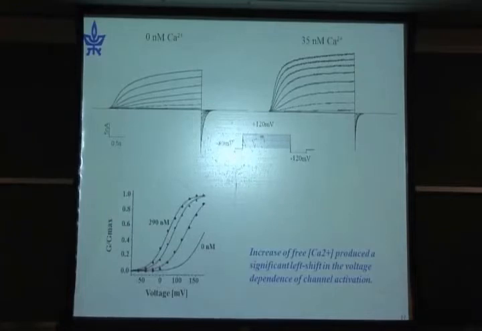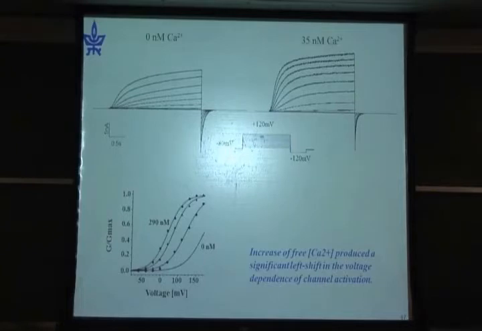We also checked the effect of increasing intracellular free calcium when we co-express the alpha subunit together with the beta subunit, and these are typical traces and an IV curve in the absence of calcium and in the presence of 35 nanomolar free calcium. So we do see an increase in the current amplitude, an acceleration of the activation kinetics, and a left shift in the activation curve.